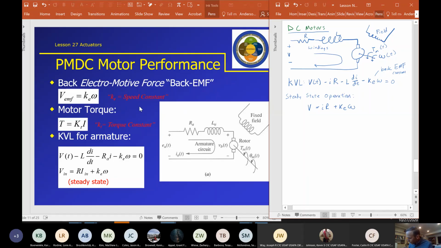Now, in addition to the speed constant, or the back EMF constant, we also have what's known as a torque constant, and the torque equation.